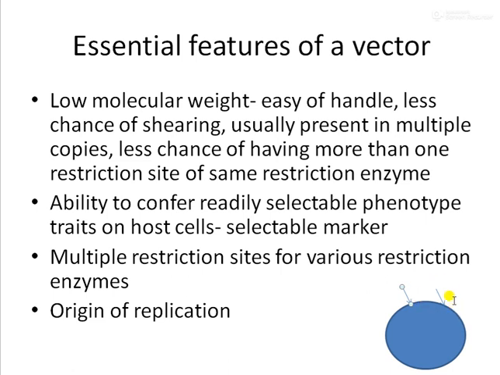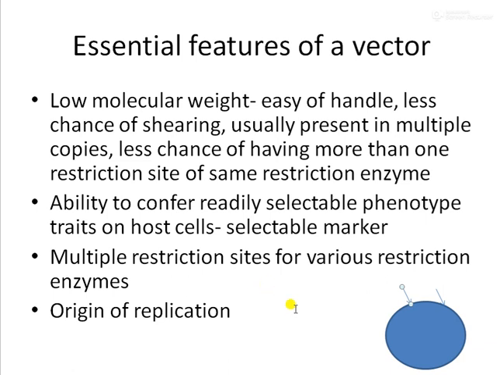So if it has to be a vector, it should not have more than one restriction site of the same restriction enzyme. I hope you got it. That is, if you have EcoRI, it should have only one EcoRI site. That would be better than having two EcoRI sites on the same vector.